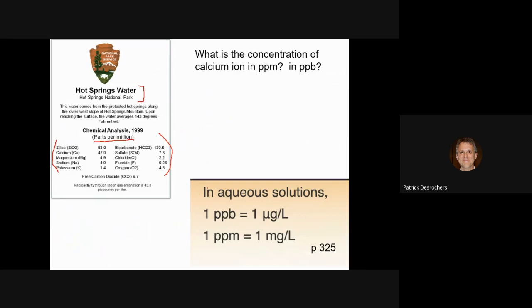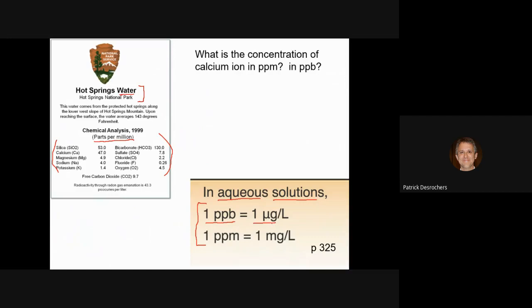Idea number one. And I will give these to you on the test, but you got to know how to use them, okay? If you are in aqueous solutions, and Hot Springs water is an aqueous solution, 1 part per million of stuff is the same as 1 microgram of stuff per liter.